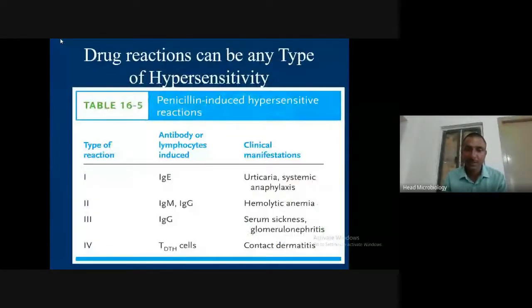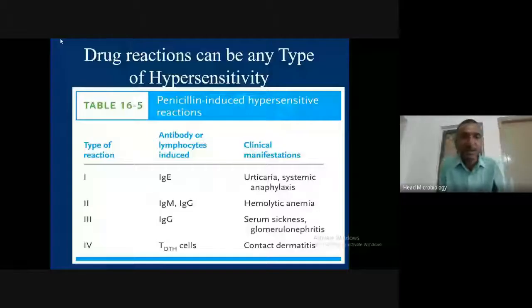If T cells are damaged, once type 4 hypersensitivity is affected, it is like a slow poison.